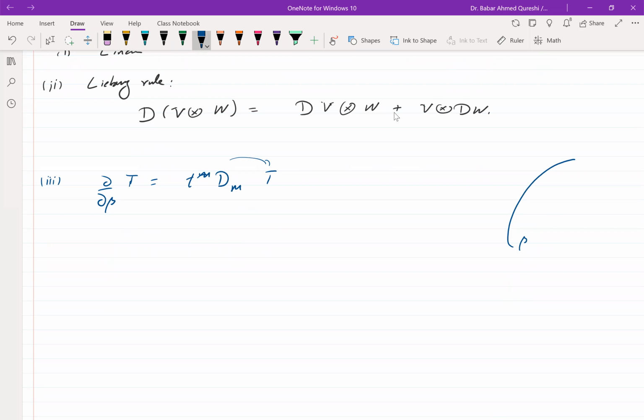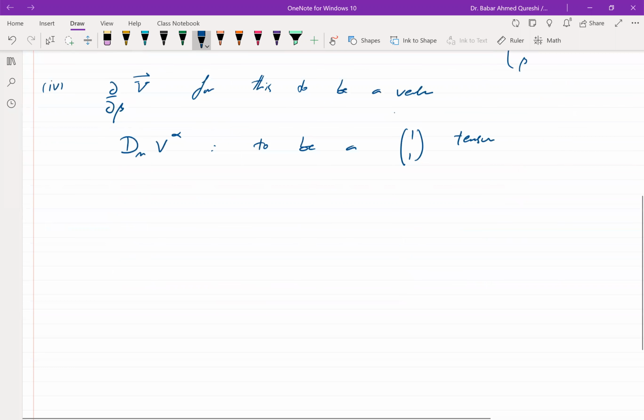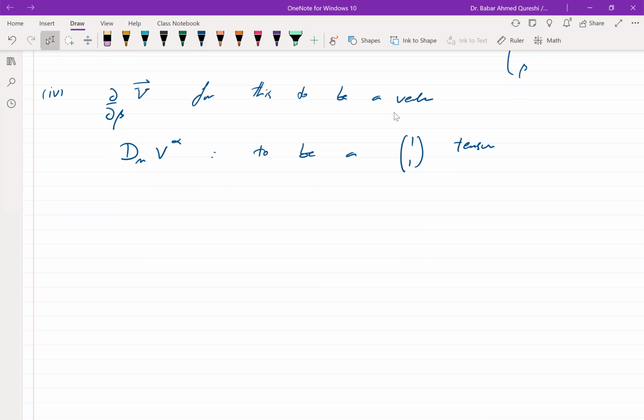And in particular, I want this thing to give me back a vector. I want this to be a 1-1 tensor, so that when I do this, then this is a contracted index.